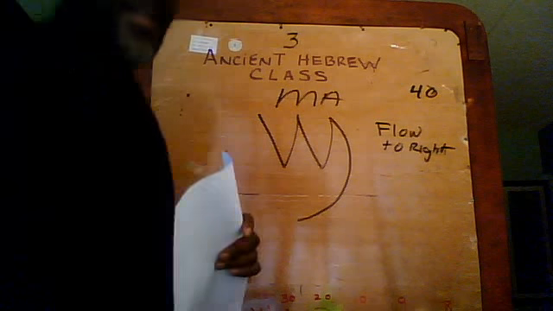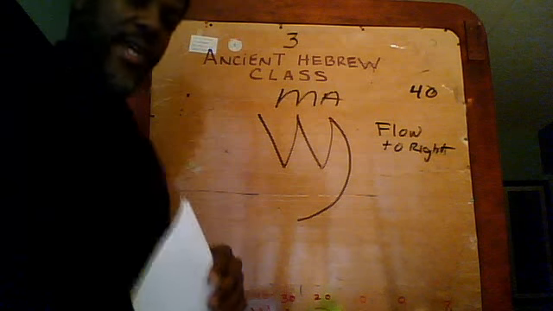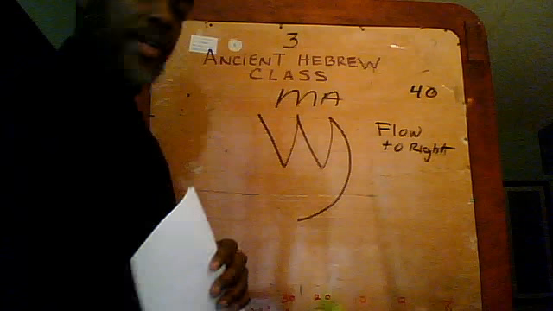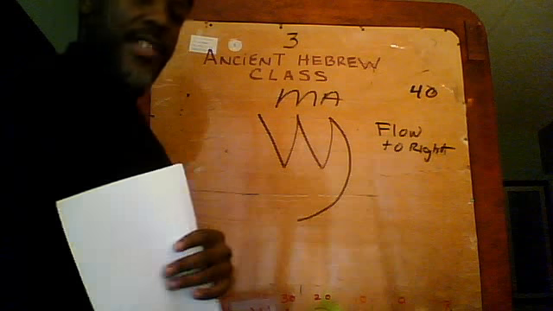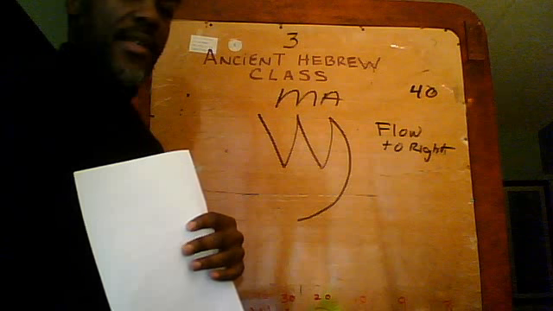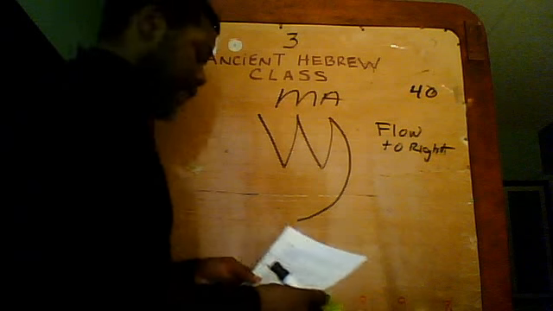Ma means to flow. To flow where? To the right. Right is always the strongest. Right is righteousness. You must flow to the right. If you're flowing to the left, you're wicked and evil. You're a thief and a murderer. But if you flow to the right, you're a righteous man, a priest, a lawgiver. Ma, flow to the right. Flow or issue.